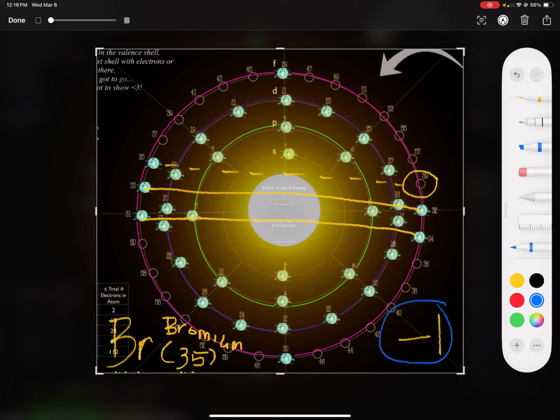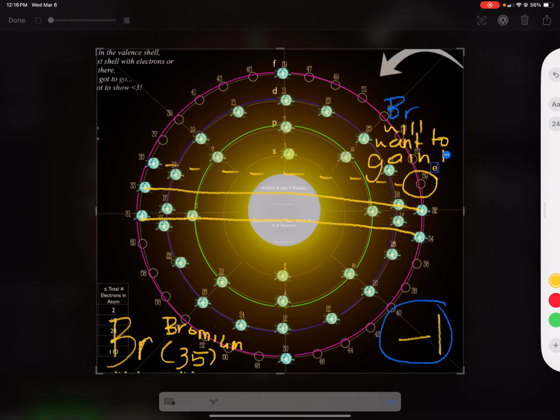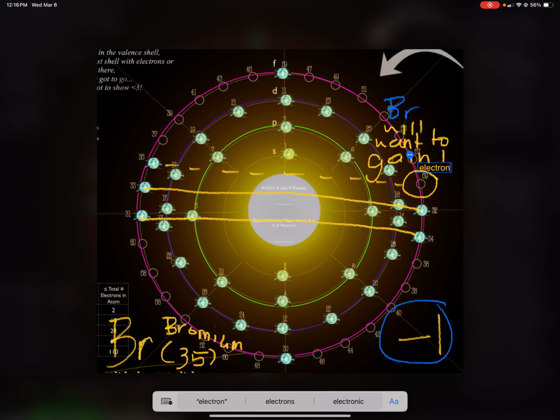So boom, Br, I'm going to put that Br will want to gain one electron. I'm having a hard time fitting this in, so I'm going to put it here. Bromium will want to gain one electron.